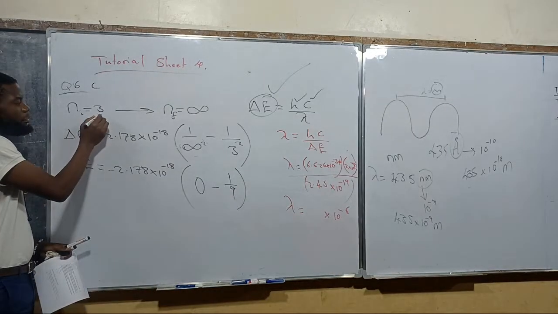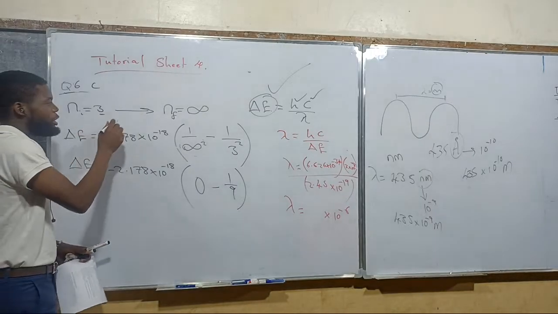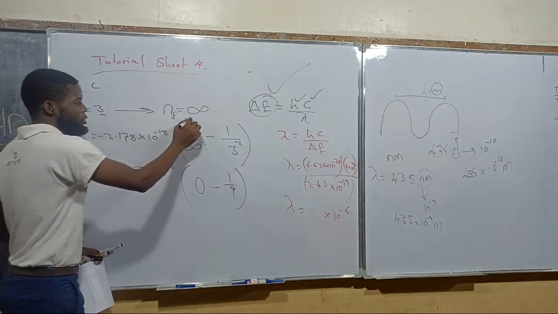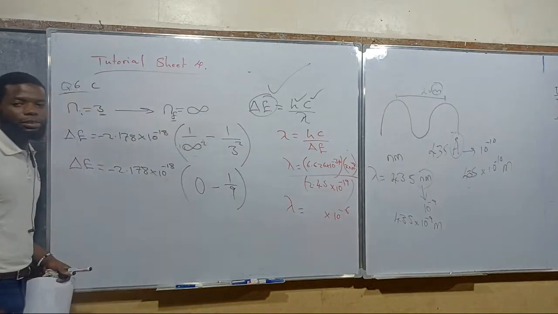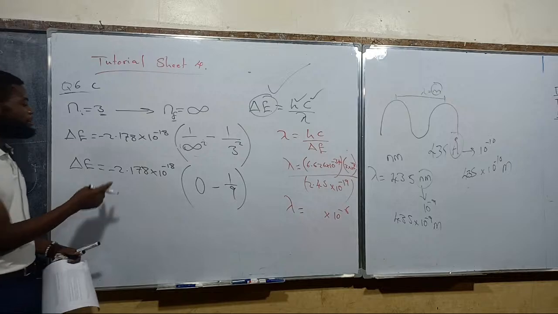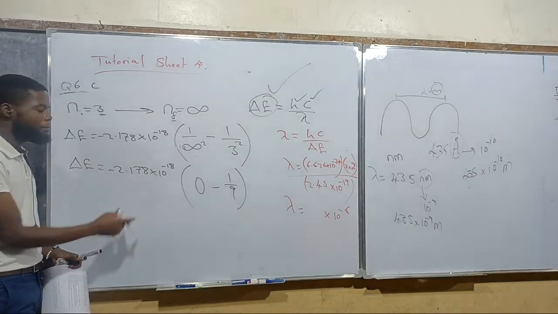Again, it's in line with the same principle that I told you. Infinity is bigger than 3, so when an electron is moving from a lower energy level to a higher energy level, what happens? Energy is being absorbed, so the value of energy is going to be positive.